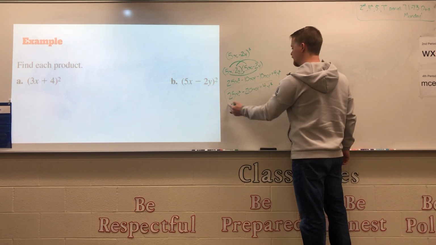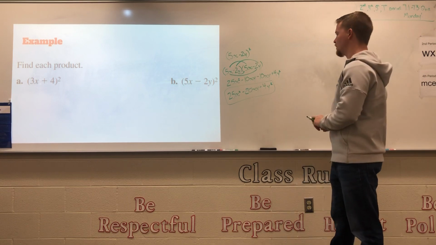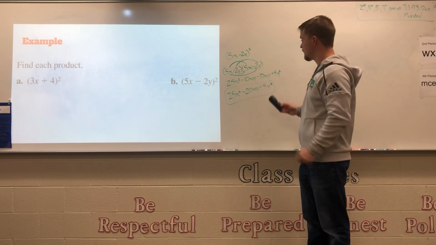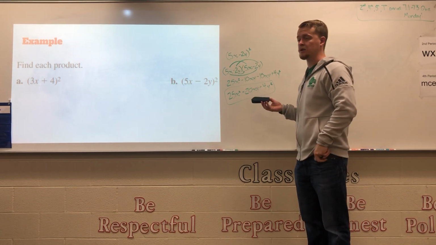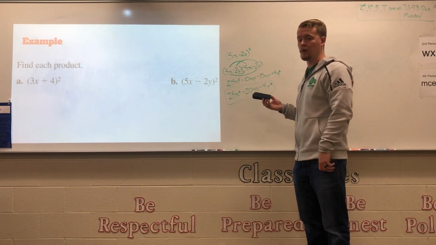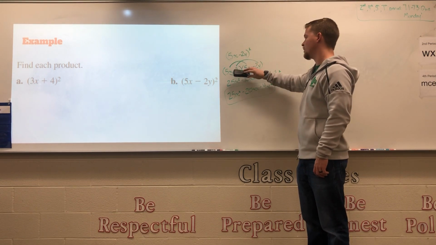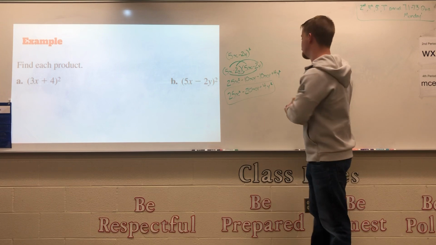So there's your final answer for this one. Okay, so make sure, like I said, that the math and the steps are not difficult. It's the exact same thing as 7.2, where you FOIL. You just have to remember whenever you split this up that you cannot distribute that through. You have to split it up into two binomials.